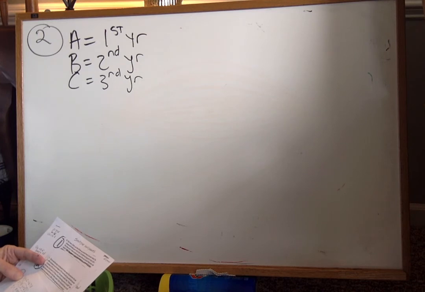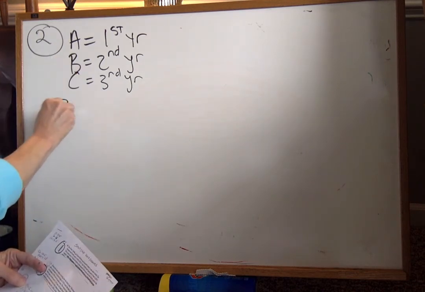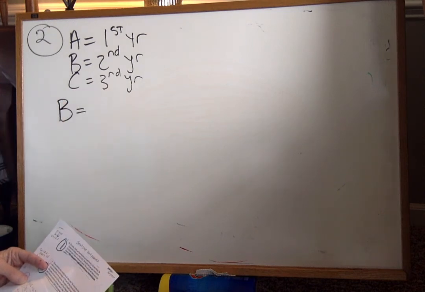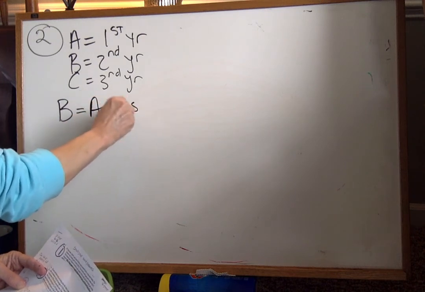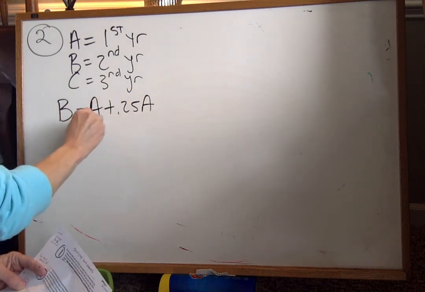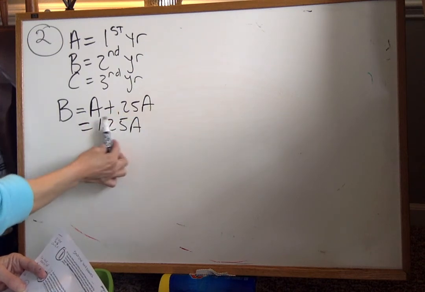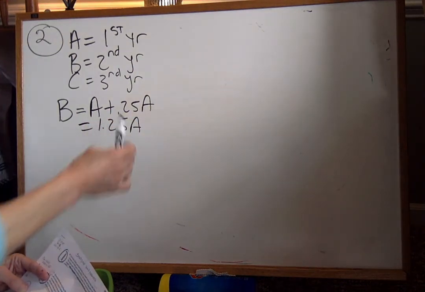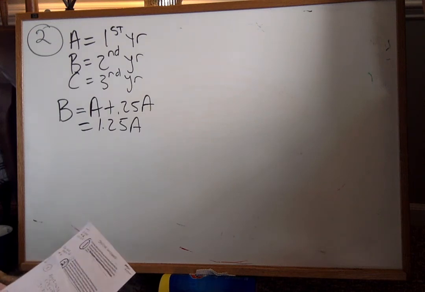That is just like the problem we just did. The second year saw an increase of 25% over the first year. So this would have been A plus 0.25A, or if you remember what we just did, you're basically talking about 125%, 1.25A. All right.